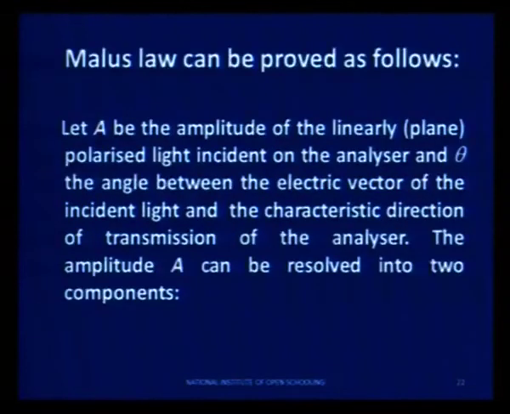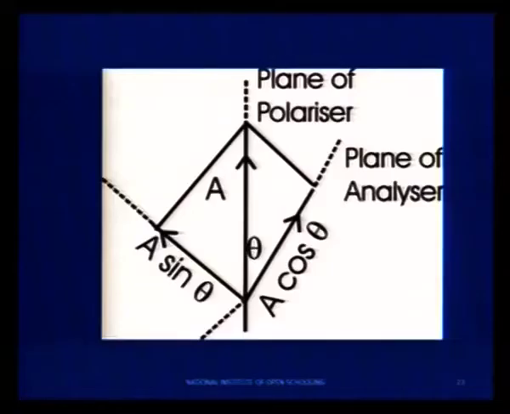So, Malus's law can be proved as follows. Let A be the amplitude of the linearly plane polarized light incident on the analyzer and theta the angle between the electric vector of the incident light and the characteristic direction of transmission of the analyzer. The amplitude A can be resolved into two components, as we have already discussed.